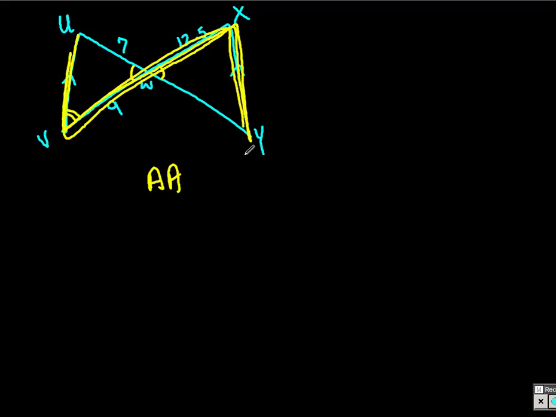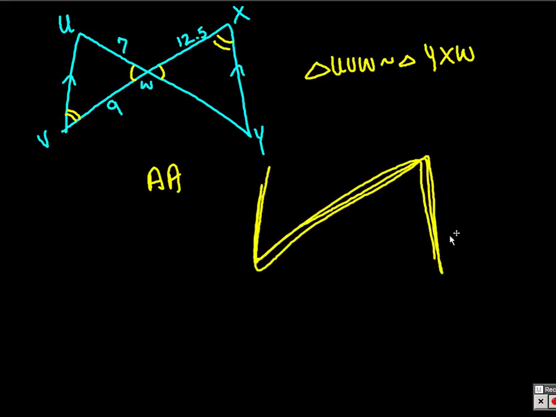And when we did that, we saw that we had alternate interior angles that had to be congruent. So we would then say that triangle UVW would be similar to triangle YXW.